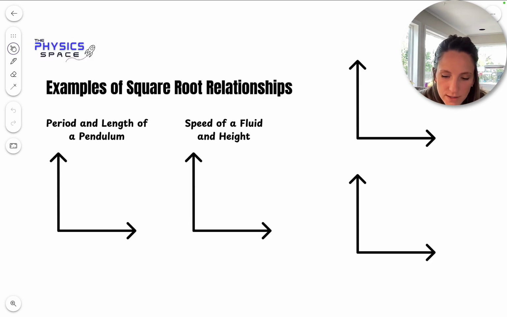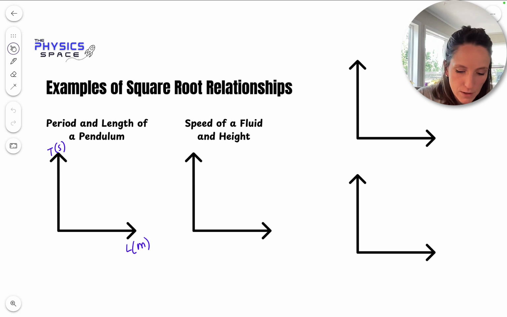So moving along, let's take a look at some square root relationships here. So period of a pendulum and the length of a pendulum, if we were to graph those against each other, so period in seconds, length in meters, we are going to get a graph that looks like the graph of square root of x.